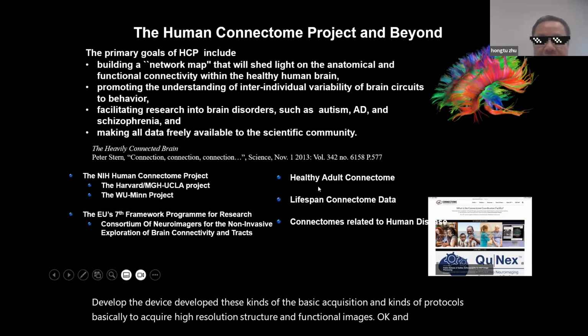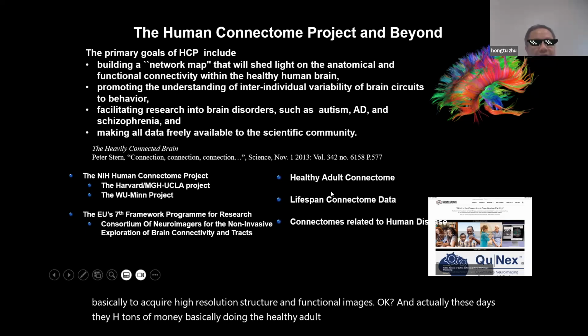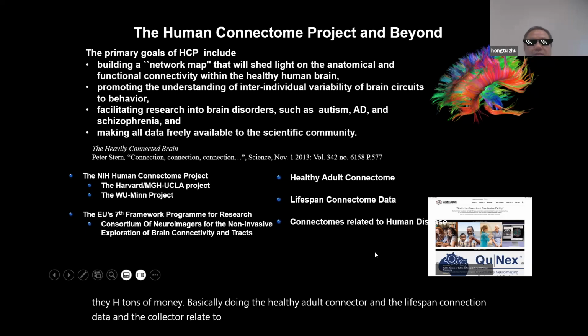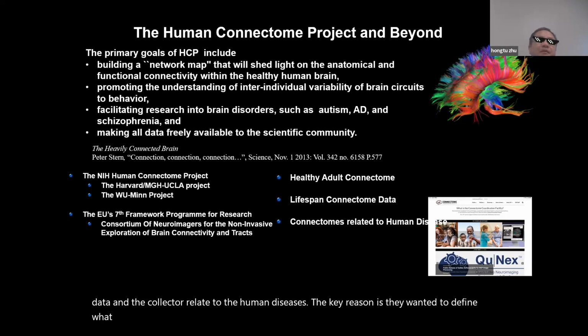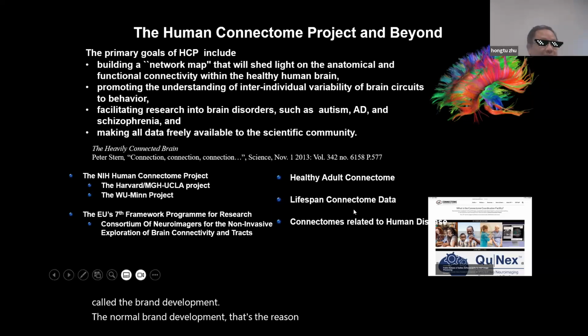And actually these days, the NIH invests tons of money basically doing the healthy adult connectome and the lifespan connectome data and the connectome related to human diseases. The key reason is they wanted to define what is called brain development across time, okay? The normal brain development. That's the reason they have lifespan connectomes.